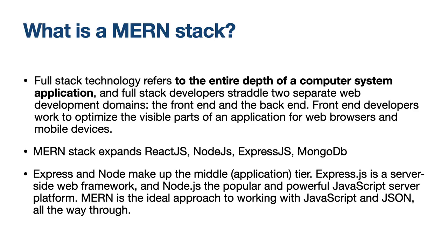Express.js is a server side web framework, and Node.js is the popular and powerful JavaScript server platform. Node.js is also called JavaScript runtime. MERN stack is the ideal approach to working with JavaScript and JSON all the way through.